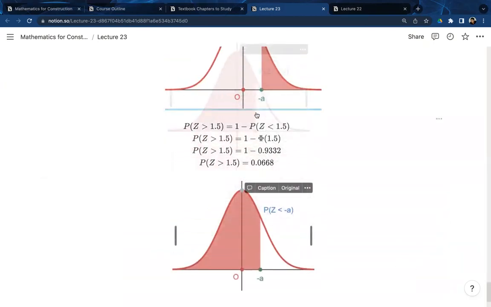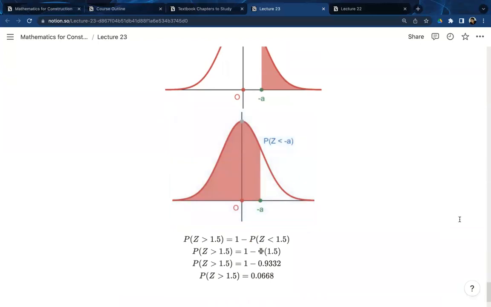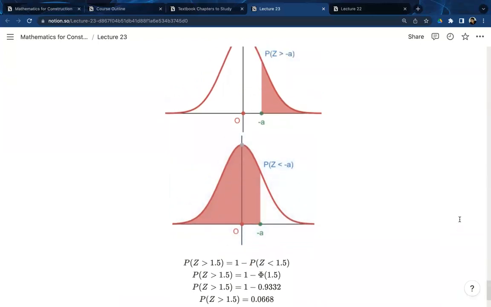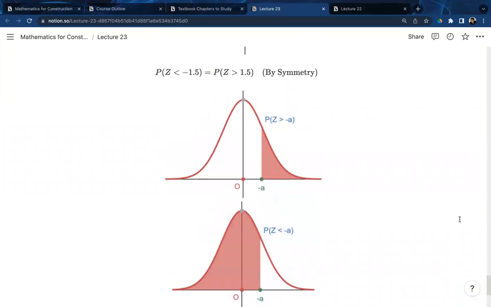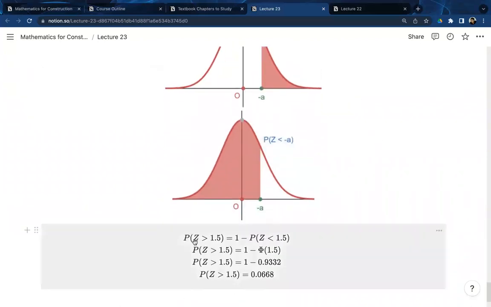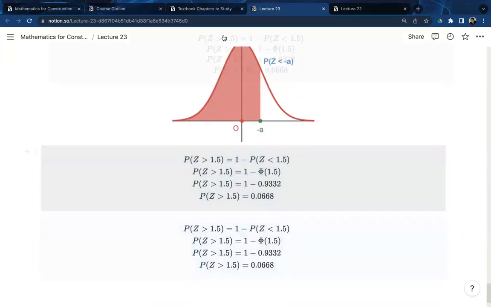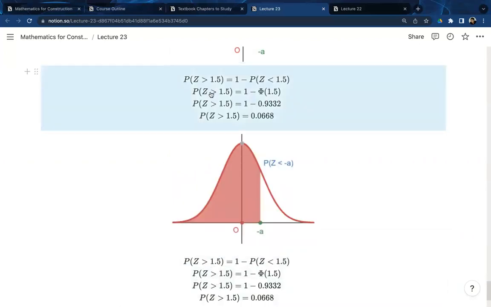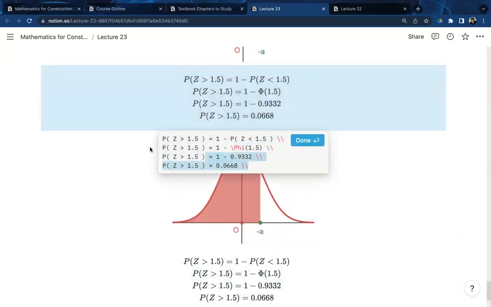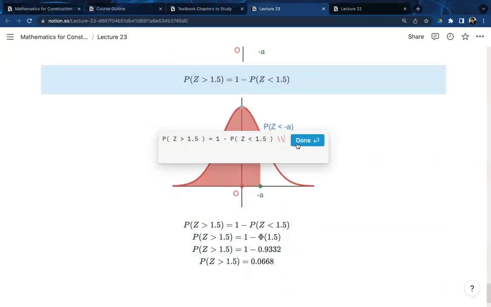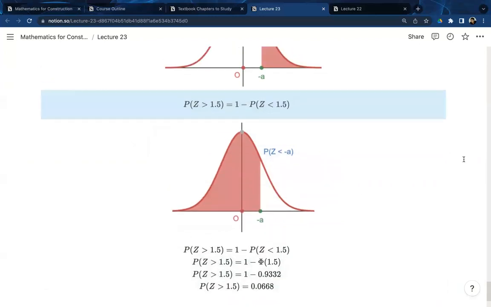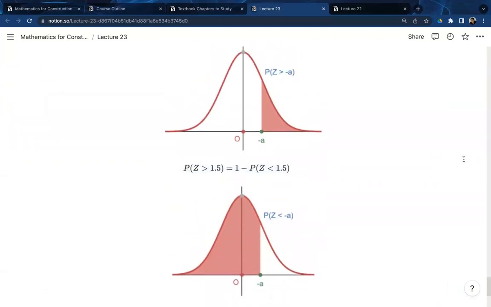Take this and put this up here. The probability that Z is more than 1.5 is 1 minus the probability that Z is less than 1.5. I could duplicate this, put this here and take this out, just to show you how I get these things.